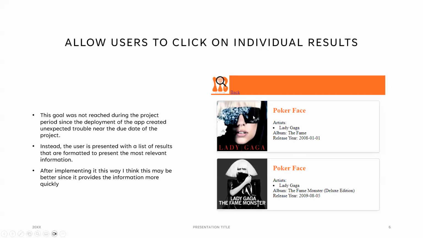While I wanted the results to just be a name that you could click on, which would take you to a separate HTML page to present the results in detail, I instead designed these little cards that pop up and show all the information from the cover art to the artist, name of the song, and also album and release year. This is really most of the information that's easily available with the Spotify API within the basic scope of using their API.